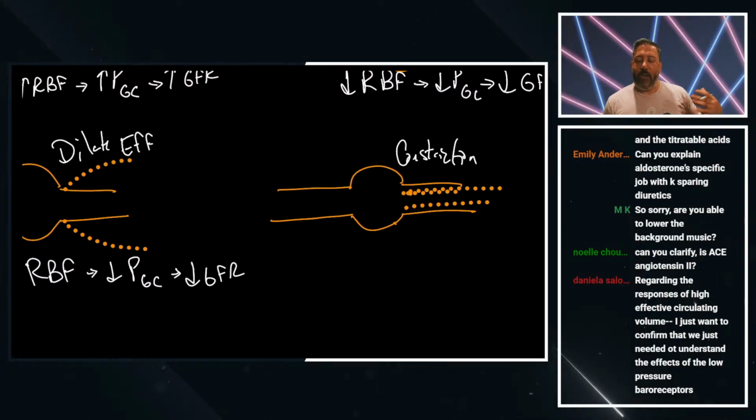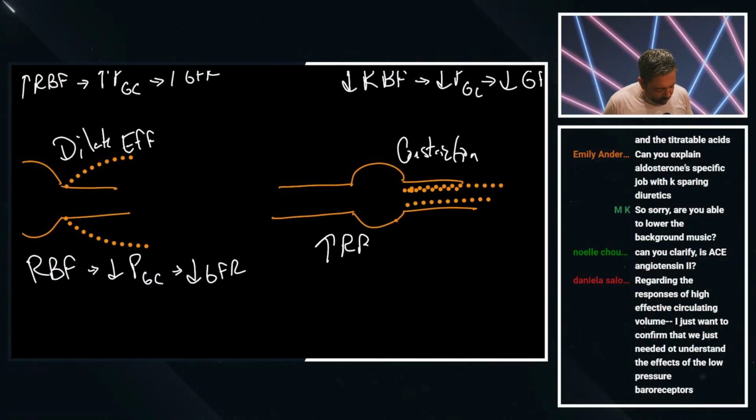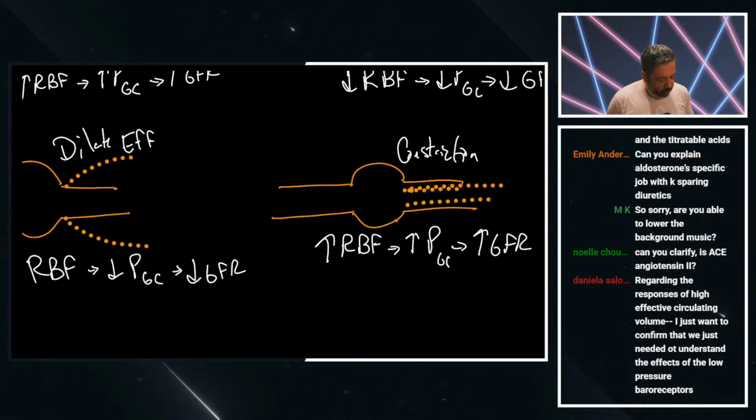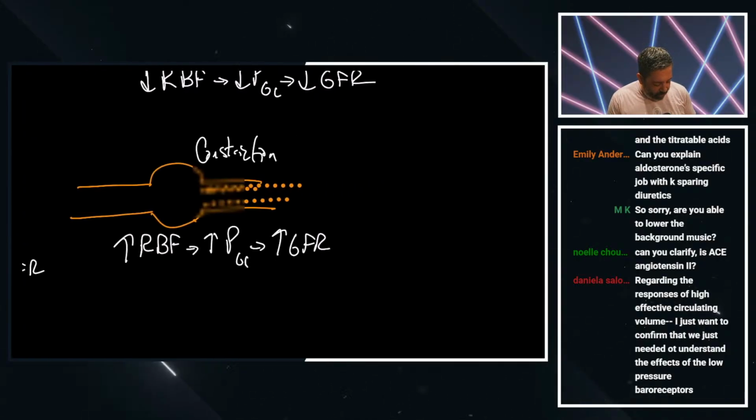So the blood is going to start to pool up a bit inside this Bowman's capsule because the exit's blocked. It can't get out. So renal blood flow is going to increase. Leads to an increase in hydrostatic pressure of the glomerular capillary inside the Bowman's capsule, which is going to lead to an increase in GFR when you have a mild constriction of the efferent arteriole.